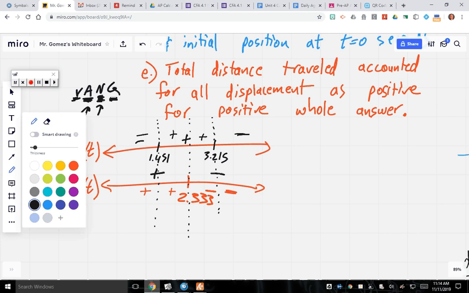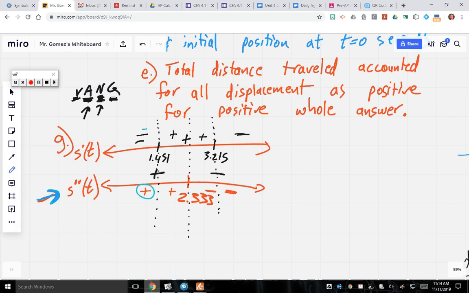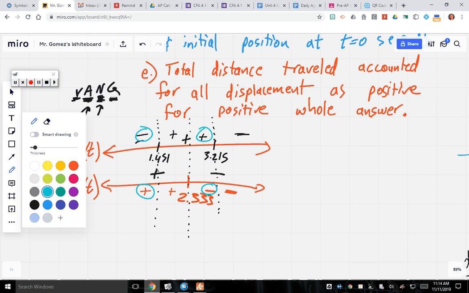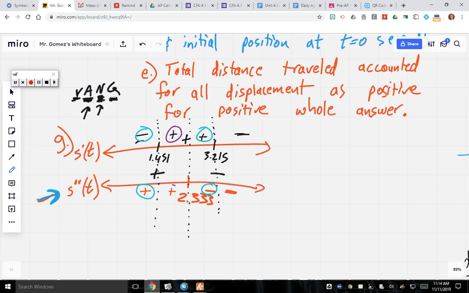So whenever I'm looking at this, if I'm stacking a positive and a negative, and then a positive and a negative, it's slowing down. Okay? And then the other place that they are stacking would be right here, a positive and a positive, and a negative and a negative. They're speeding up. Okay?